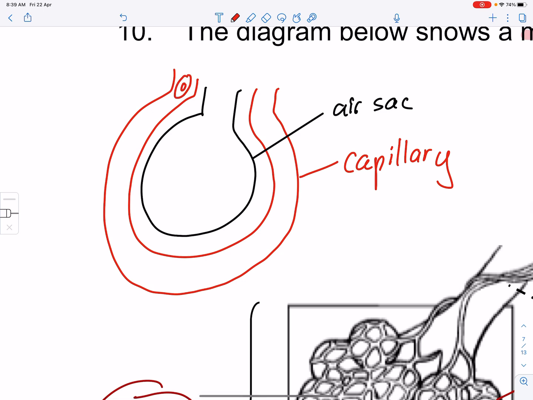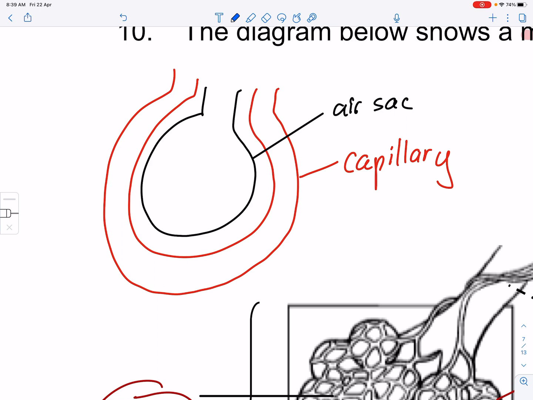So please feel free to follow my drawing if it helps you. Okay, now this is the part where I'm going to change the color. Sorry, my apology. If I want to change color, it should be the other way around.